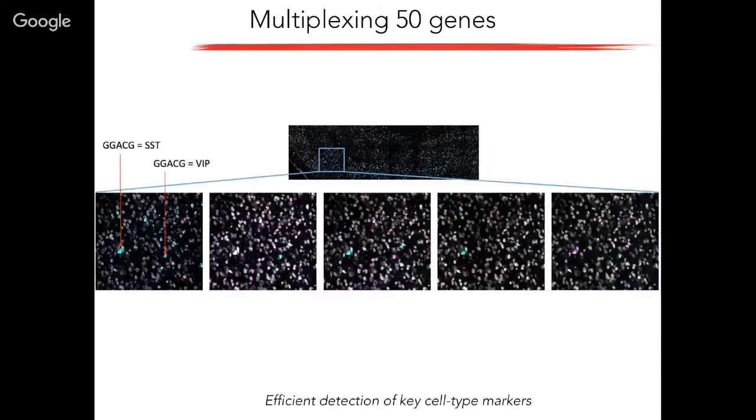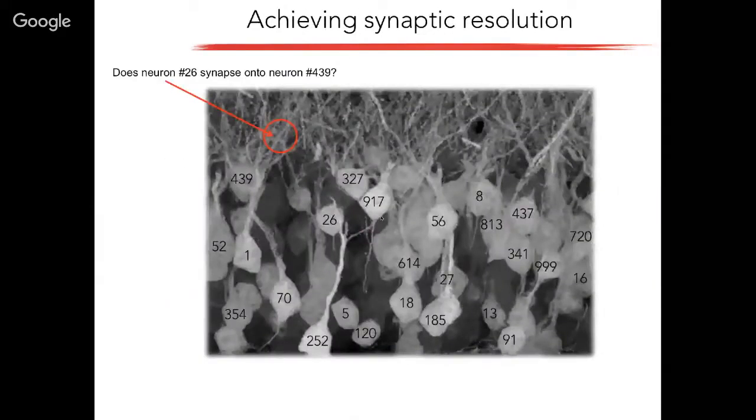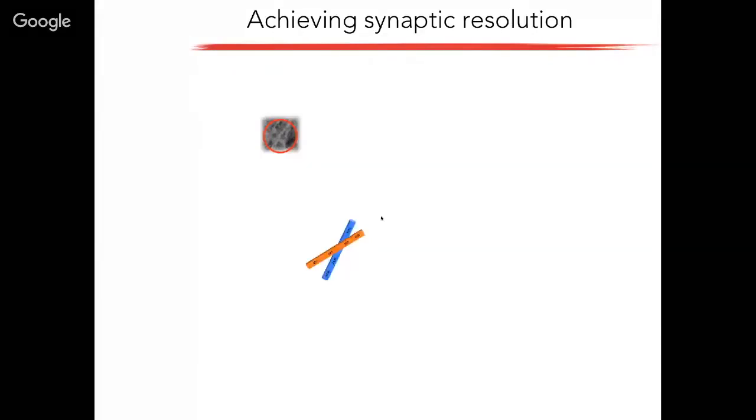Let's skip over that. And then here's what I think is most relevant to the focus of this meeting, which is how do we achieve synaptic resolution? And essentially, I've already told you the answer, which is that we combine the axonal and dendritic labeling with barcodes in this tangled mess that I showed you.